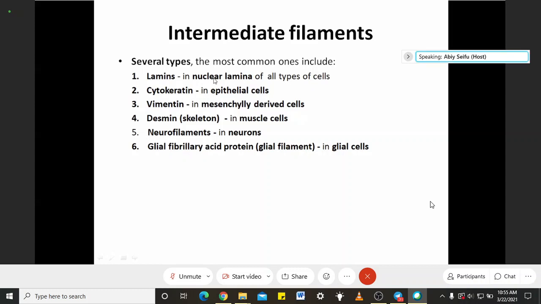I'll show you this tomorrow when we look at the nucleus. Under the nuclear membrane, we have a network type of arranged intermediate filaments, mainly made by intermediate filaments known as lamin. We have intermediate filaments known as cytokeratin, which are found in epithelial cells, like those I told you, found in the skin cells.